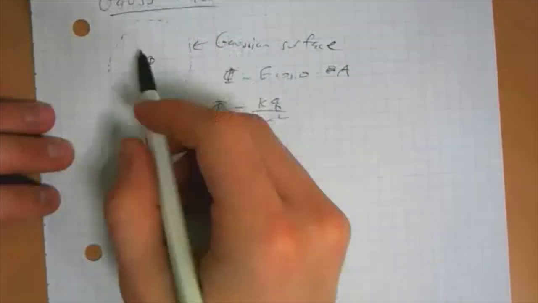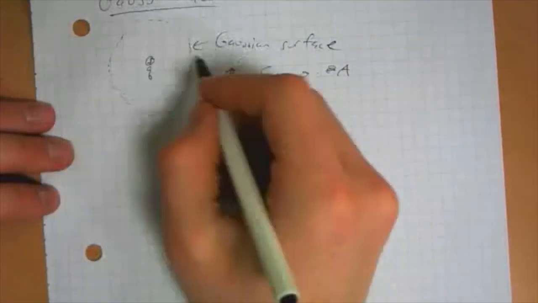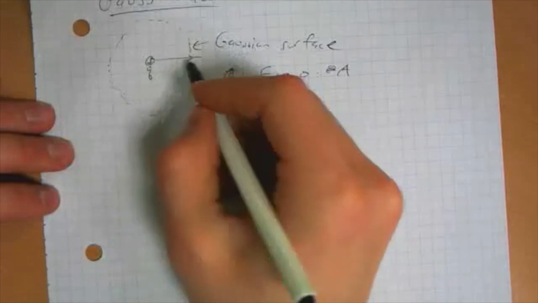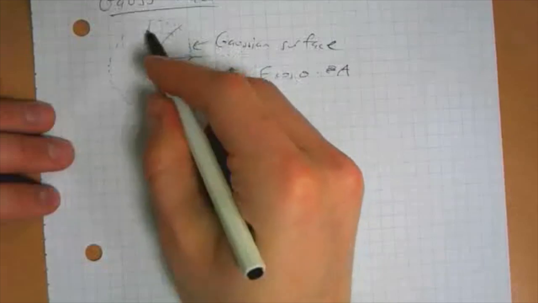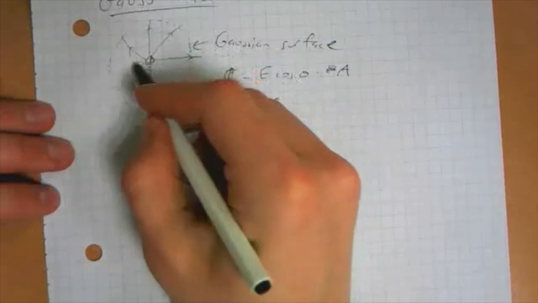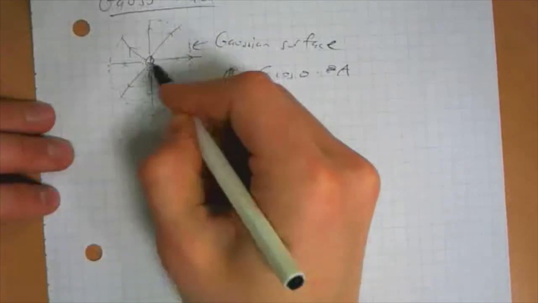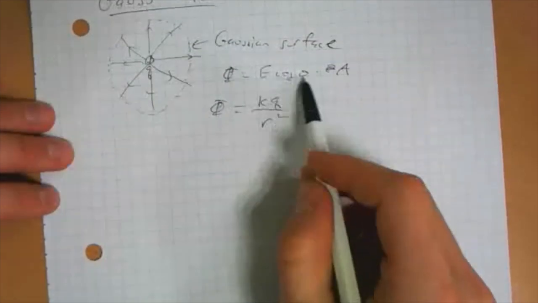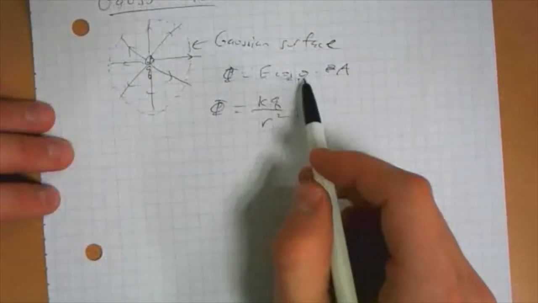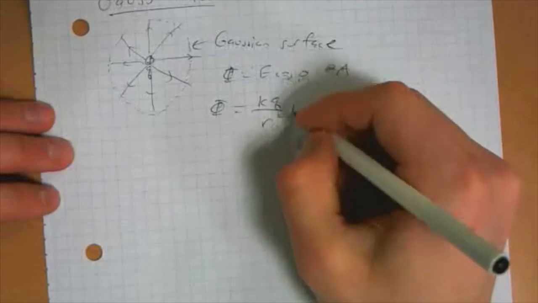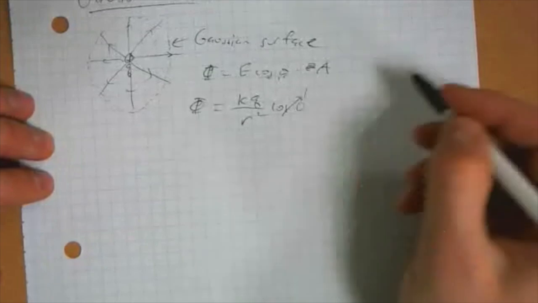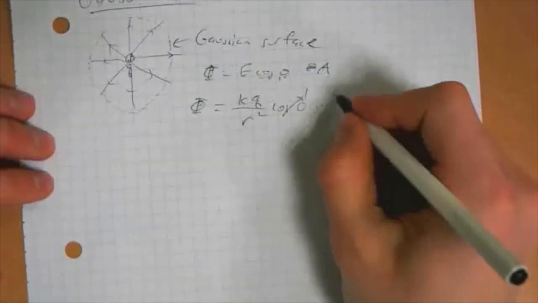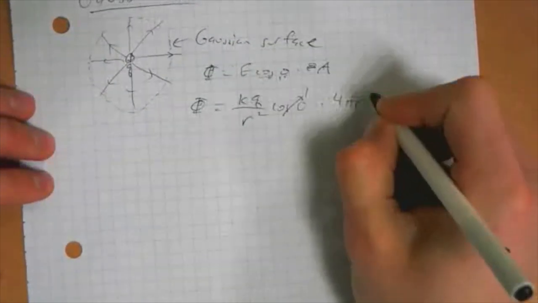Now, if we consider this surface, the E field points directly away from this positive charge, and since this is a sphere, all of the field lines are going to be perpendicular to the surface. And if they're perpendicular to the surface, the angle between the field and the normal to the surface is 0. So that's cosine of 0, which of course is 1, times the area. And the surface area of the sphere is 4 pi r squared.